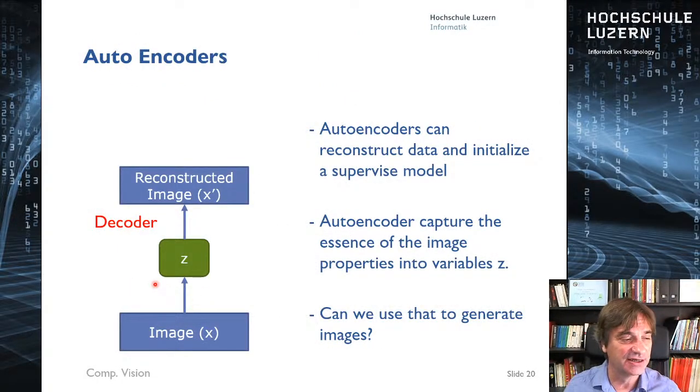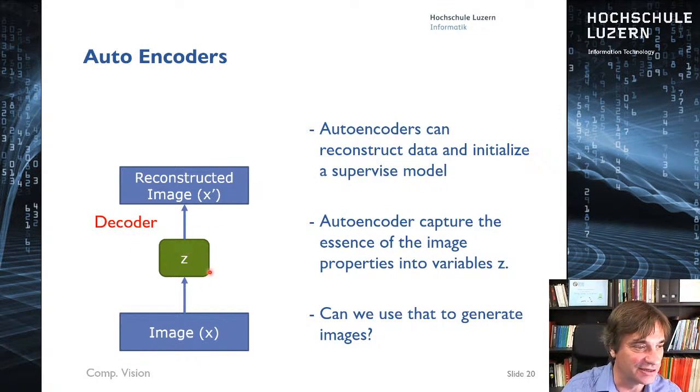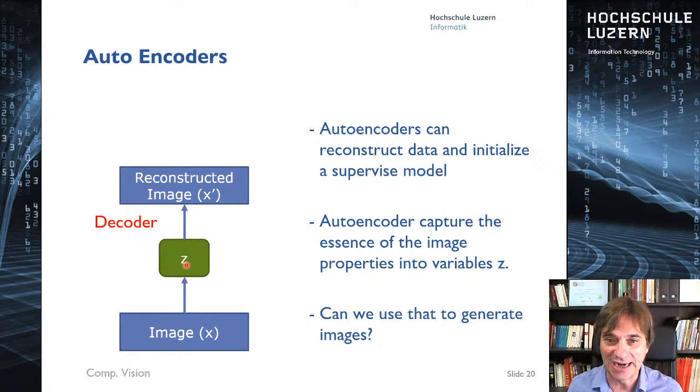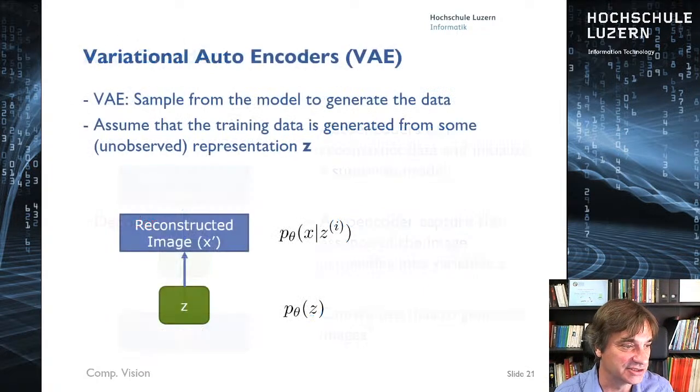So if you use those encoder and decoder steps of the autoencoder, the decoder can reconstruct the data from some internal latent variable space Z. And the autoencoder can capture what is meaningful about the image in Z. So how can we use that to generate images?